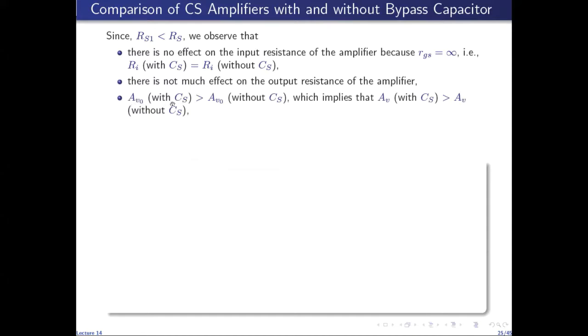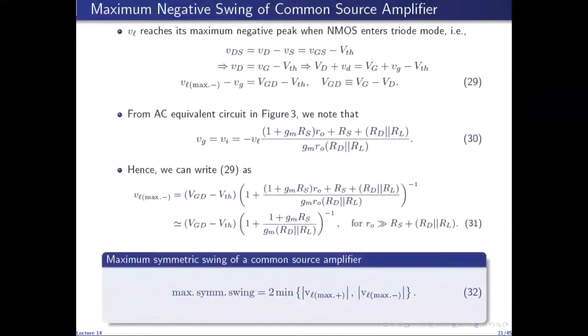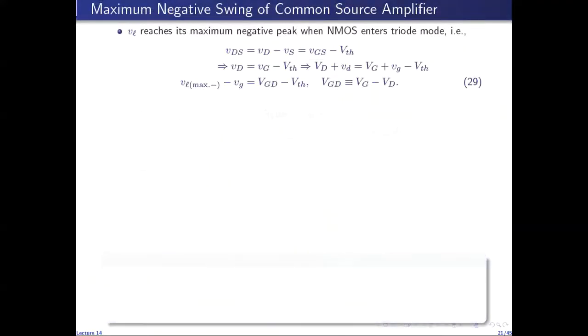Voltage gain of the amplifier, open circuit and loaded, with the bypass capacitor is definitely increased because the AC resistance in the source branch is reduced, as RS1 is less than RS, which increases the gain. Similarly, short circuit current gain and the loaded current gain will also increase because it also depends inversely on the AC source resistance.